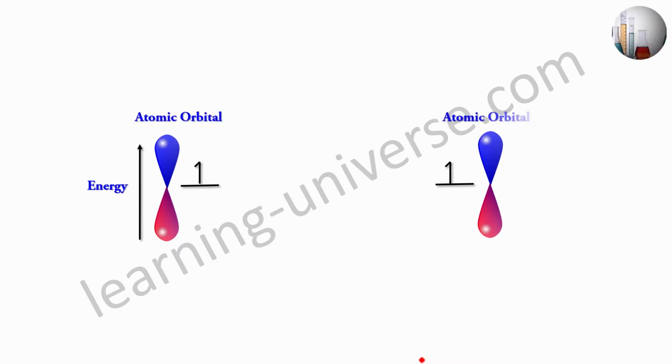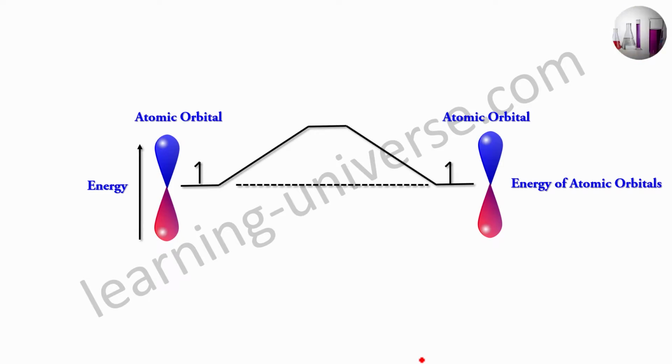I am talking about ethene. So there are two carbon atoms. They've already formed a sigma bond and we are talking about the pi bond. So they interfere. This is the energy of the atomic orbital. They interfere and give rise to two molecular orbitals. Remember, the number of molecular orbitals will always be equal to the number of atomic orbitals from which they are formed. And here you have the two electrons placed because it is lower in energy than the atomic orbitals.